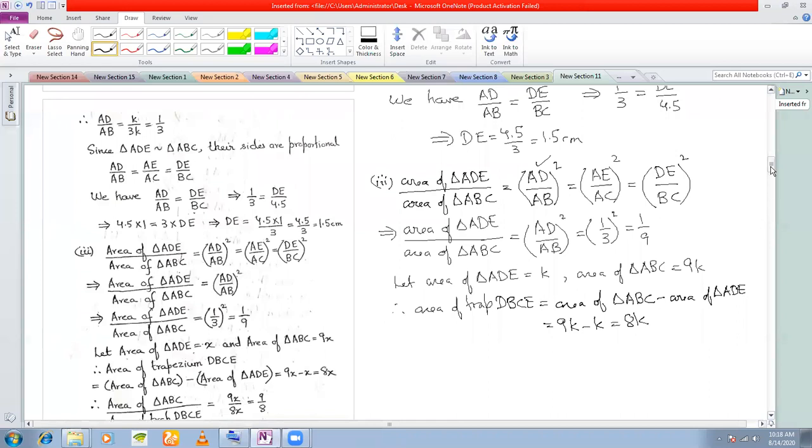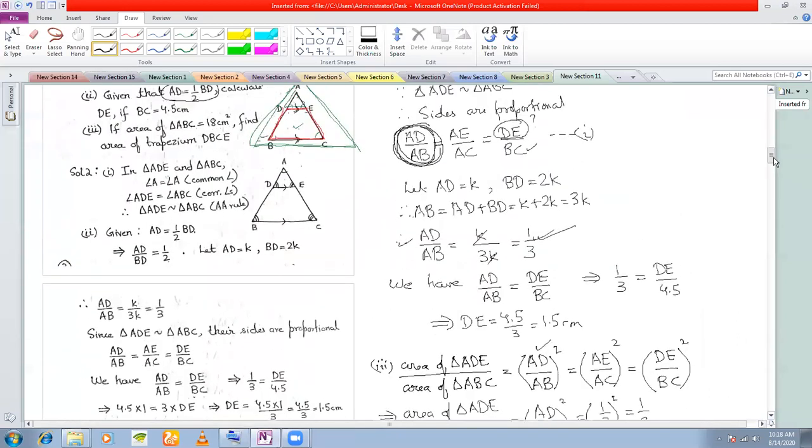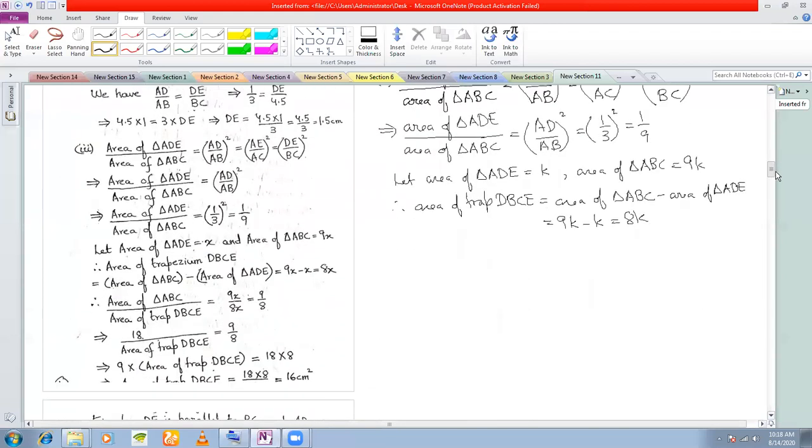Now see what is given to you. How do you find out the value of K? Area of triangle ABC is given to be 18 centimeter square. Therefore, 9K must be equal to 18 centimeter square. That means K is equal to 18 by 9, which is equal to 2.